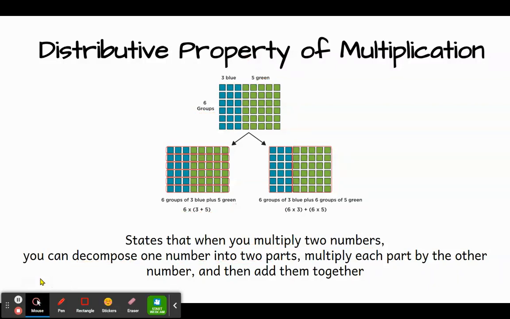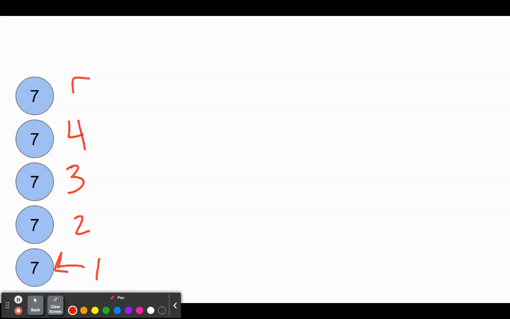All right, let's go ahead and take a look at this problem for today. So this one circle, this one right here, represents 1 unit of 7. So let's go ahead and count and see how many 7s we have. So we have 1 7, 2 7s, 3 7s, 4 7s, and 5 7s.